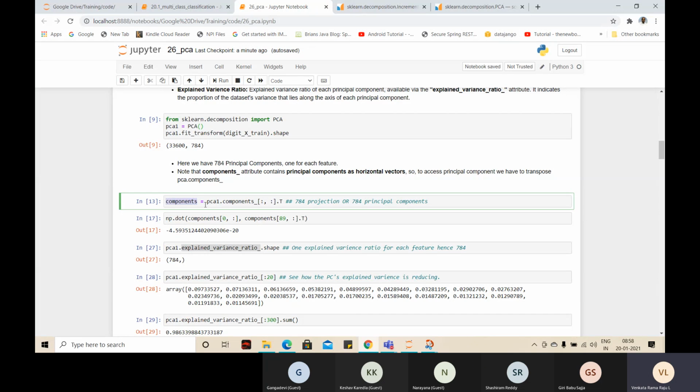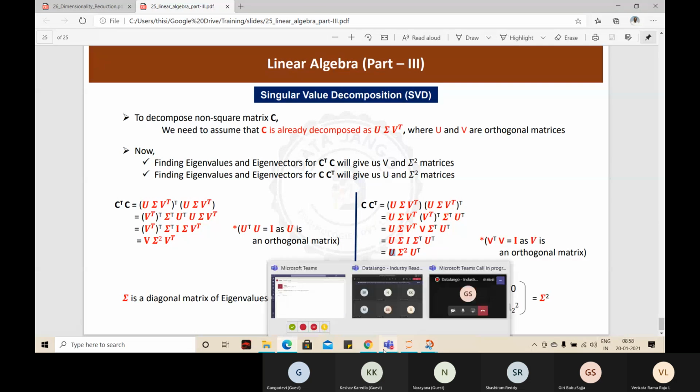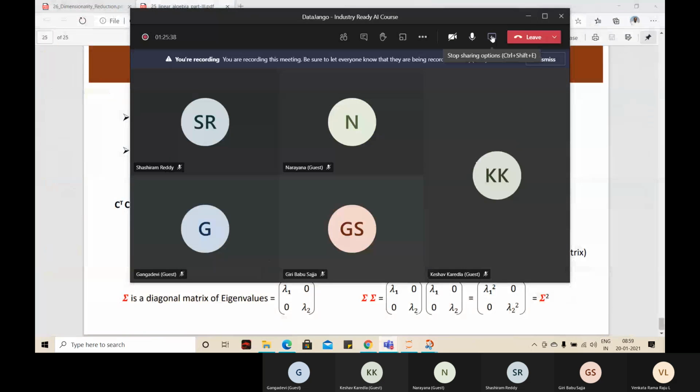These are vectors in V only because it's X transpose X, right? If it is X X transpose, it's going to be U. Okay. So I'm going to stop recording.